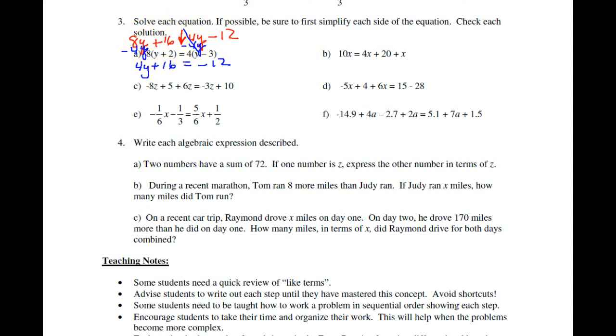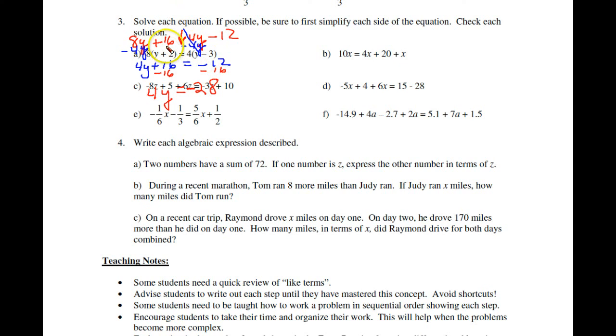So how do I get rid of a positive 16? Well, I have to subtract 16 here and subtract 16 there. So this will become a 4y now all by itself, and this becomes a negative 28, because that's a negative 12 and a negative 16. You have to be careful about the signs.